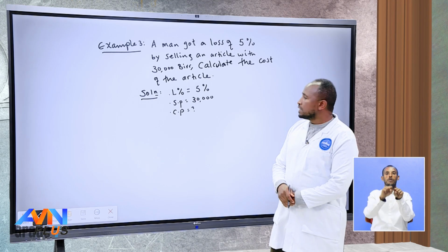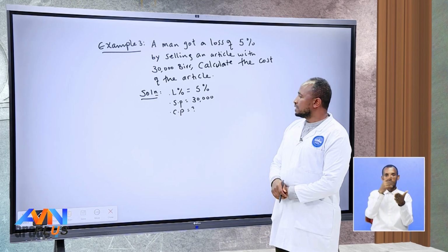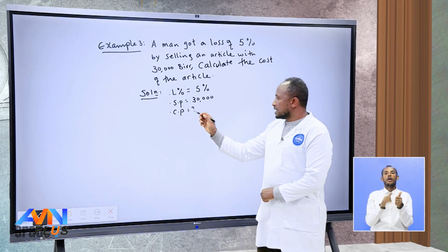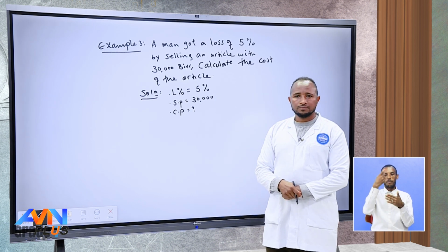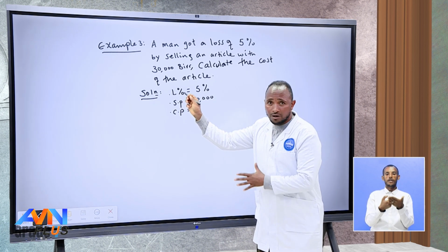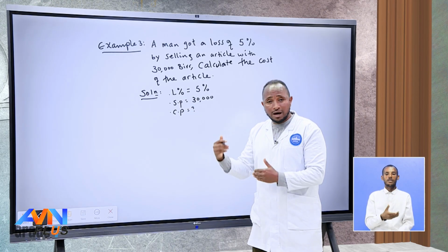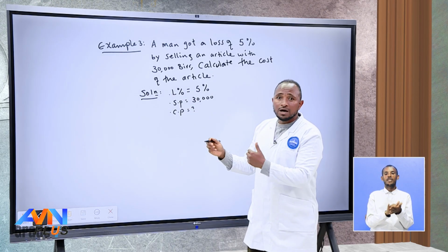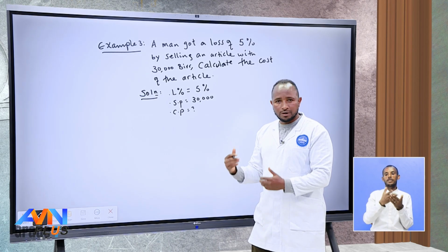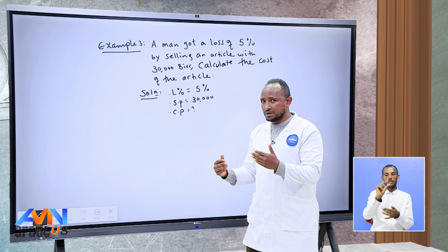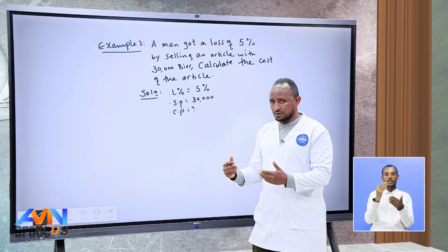So here in this case, which one is greater, the cost price or the selling price? Here he has got a loss. Because of that, he has sold less than the cost. So the selling price is smaller, or the cost price is bigger, since he has a loss.